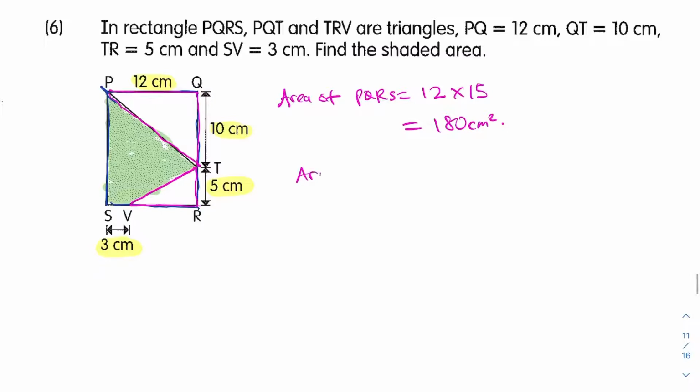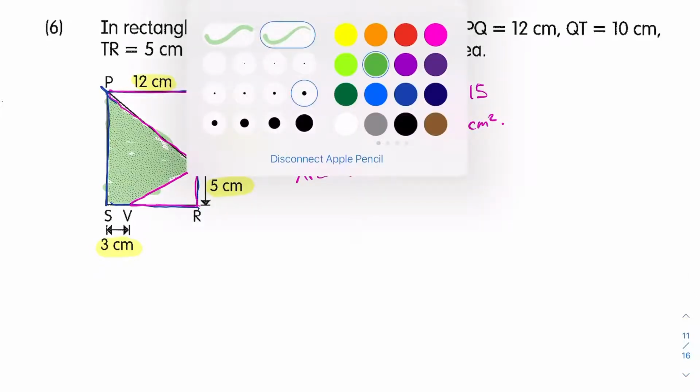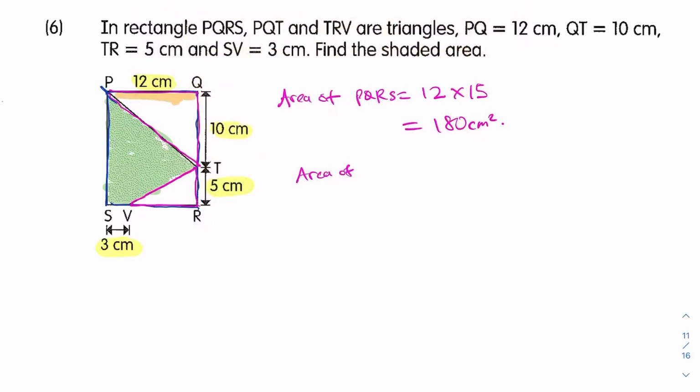Next, area of the triangle PQT, which I'm going to show you, is this, okay? This is PQT. So PQT would be half times 12 times 10, so would be 60 square centimeters.